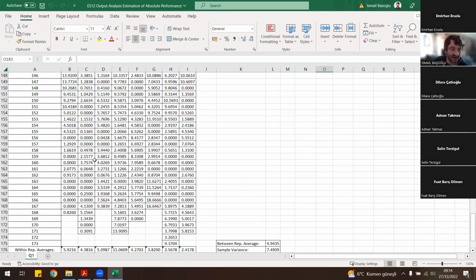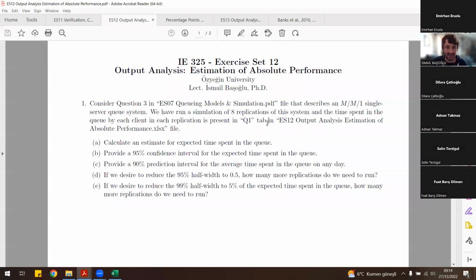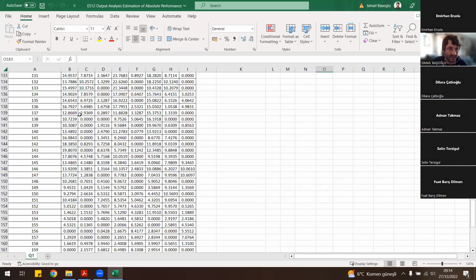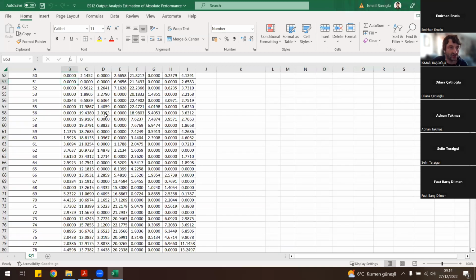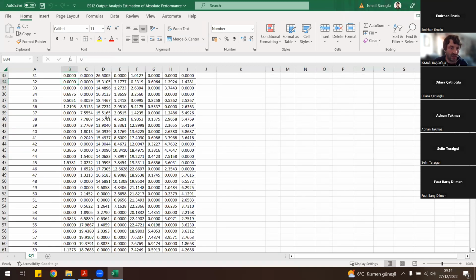Now, let me go back to the question. These are the times spent in the queue by each client, okay? If you check the first column here, for some clients the time that they spend in the queue is simply 0, but for some of them it is positive.